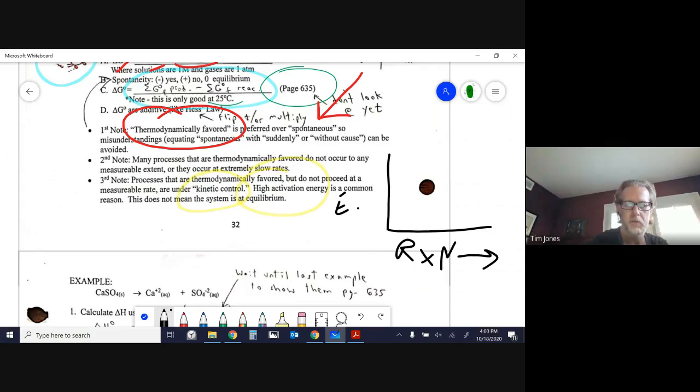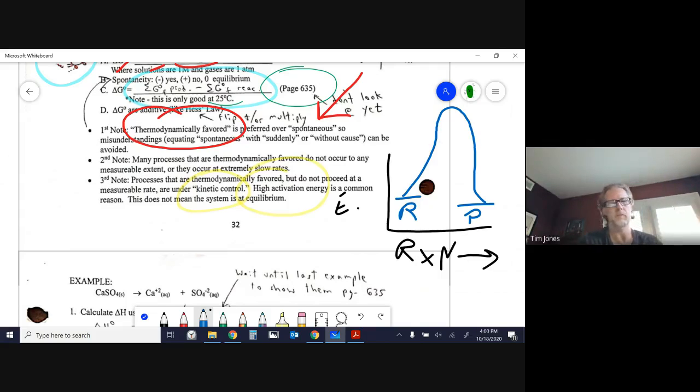If I put my reactants, let's just say here, and products here, if a reaction is still favorable with a negative delta G, it might have a huge activation energy. And that just means of the particles that are colliding, a majority of them will not be able to collide with that much energy to actually move forward. Very few will actually make it. And that's what they're talking about, a high activation energy.